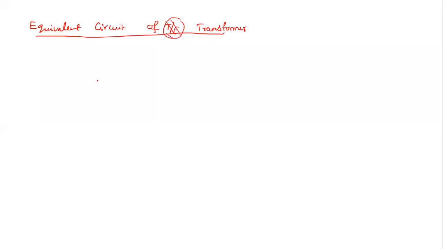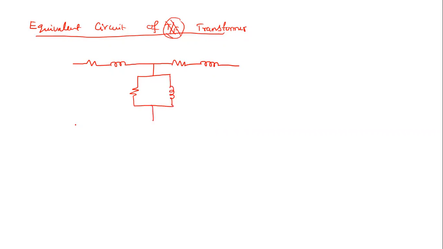Now you can sketch that there is primary side resistance, primary side reactance, secondary side resistance, secondary side reactance, and in the middle we should get no load resistance, no load reactance.